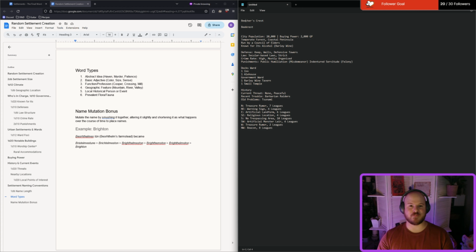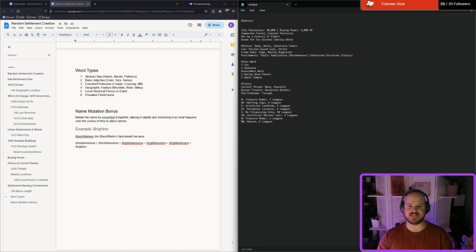So we can turn it from Beecher's Crest into Beecrest. Super easy. And I even shortened it to Beckrest.